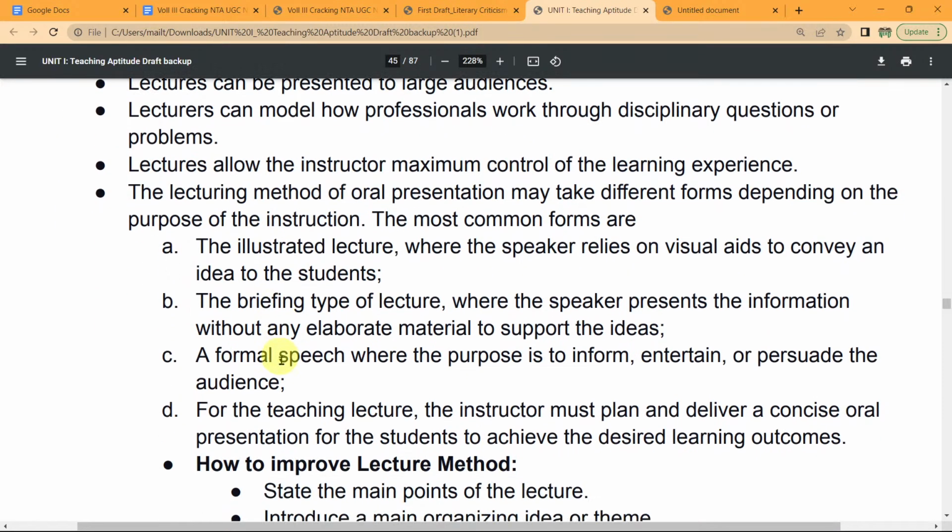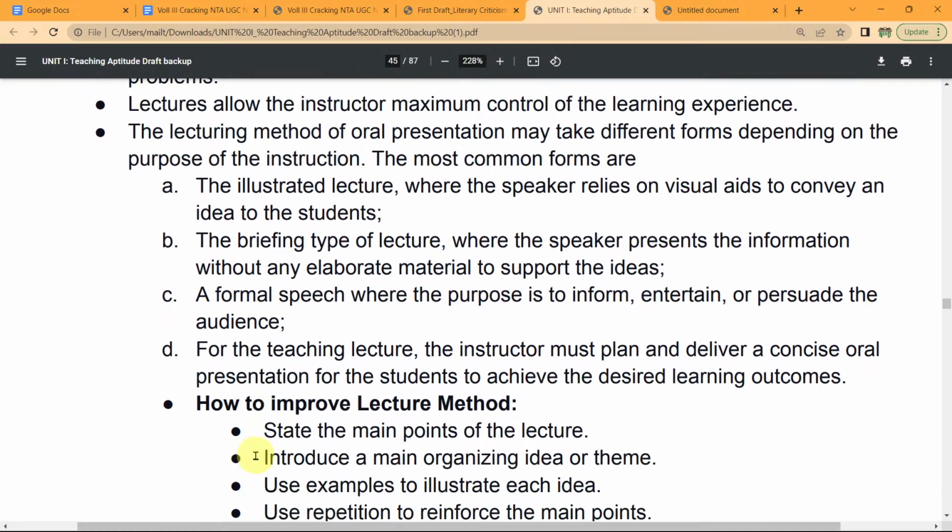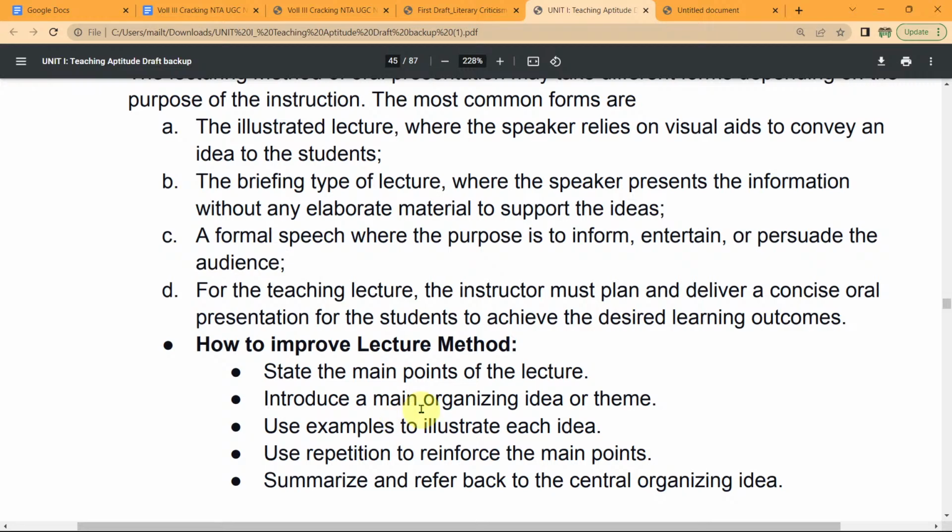There is also the question of how to improve the lecture method. Remember, if you are a professor teaching a large number of students, you have to pay attention to how you can improve the teaching.